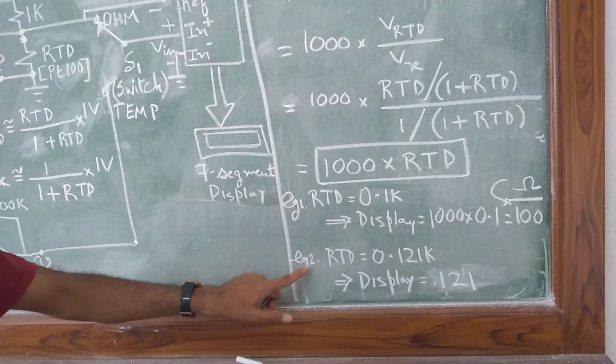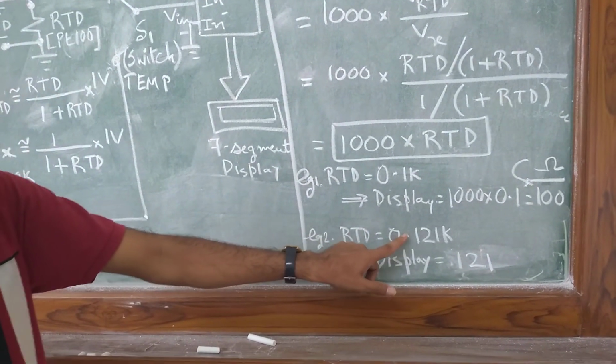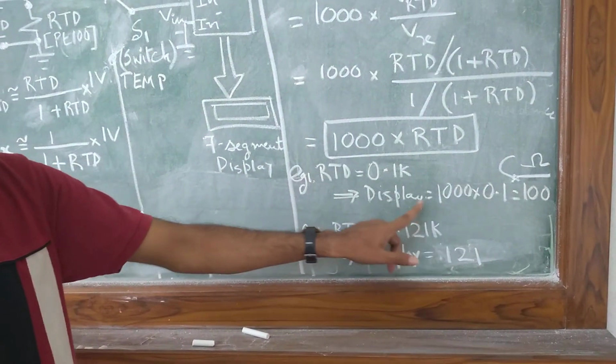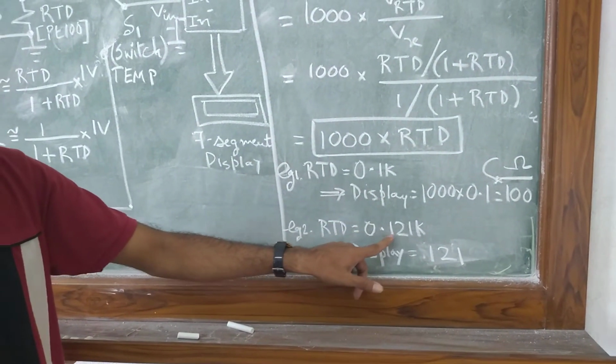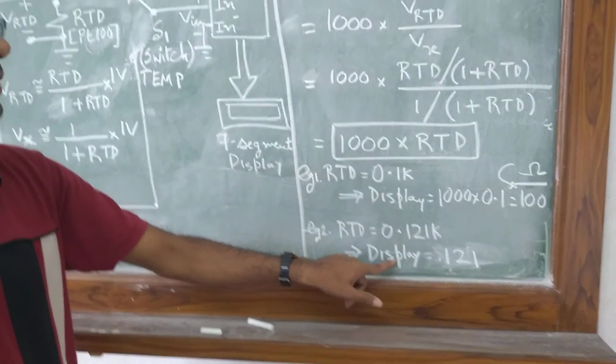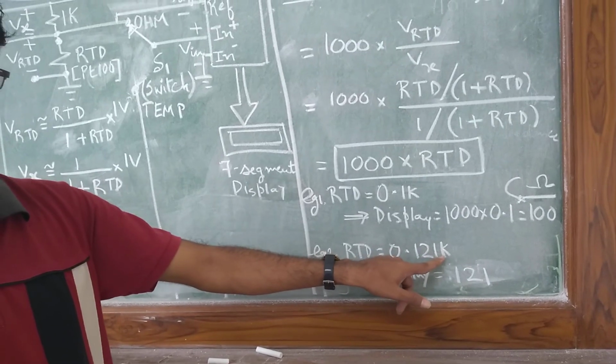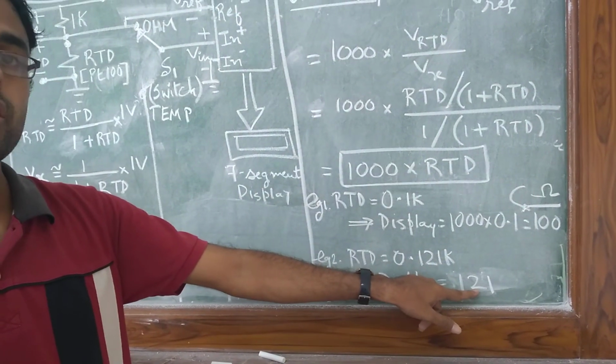As another example, let's say the RTD reading was 0.121 kilo ohms. So at a particular temperature, this was the value of the RTD resistance. Now the display will be 1000 multiplied by 0.121, which is equal to 121.